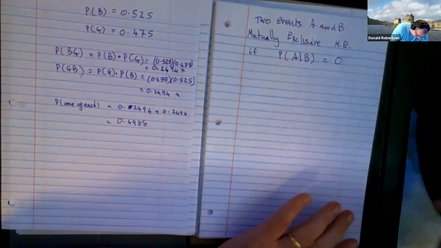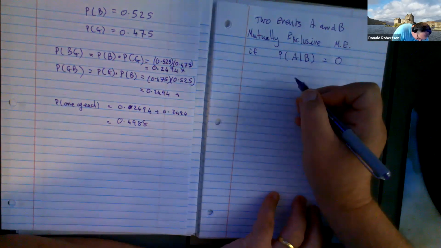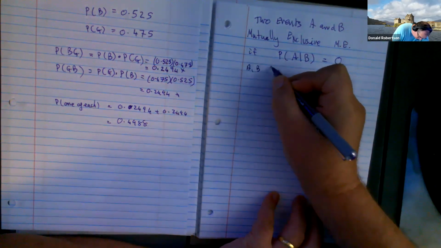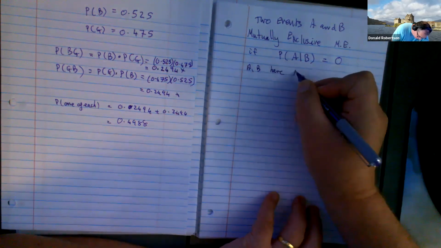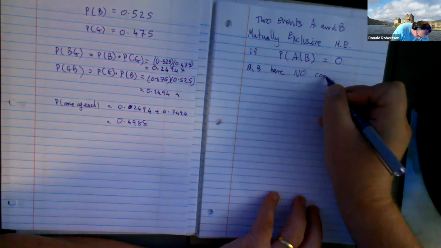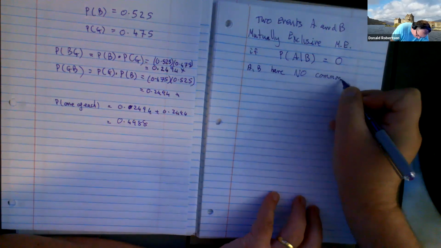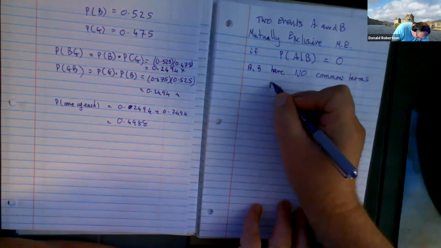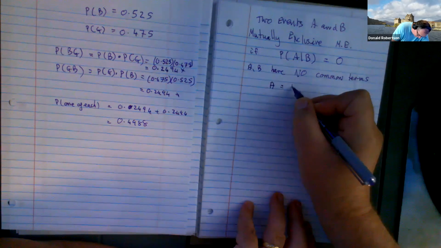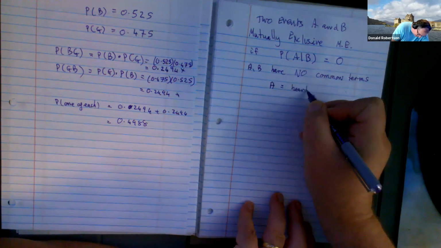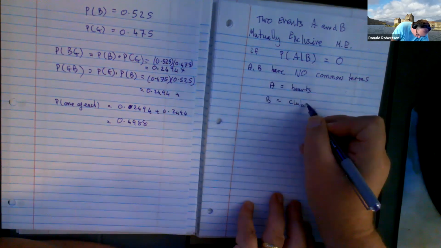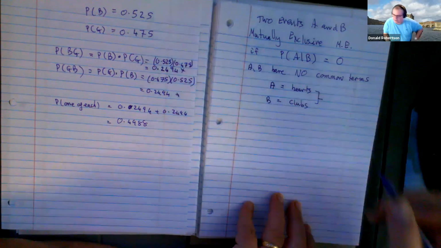In English, what does mutually exclusive look like? Well, A and B have no common terms. So if I said to you A was hearts and B was clubs, would you agree that they don't share anything in common?